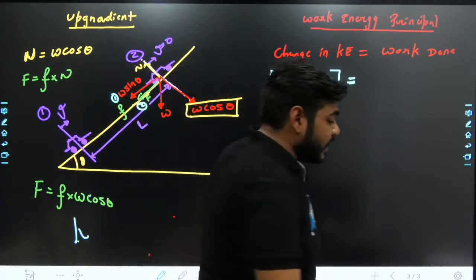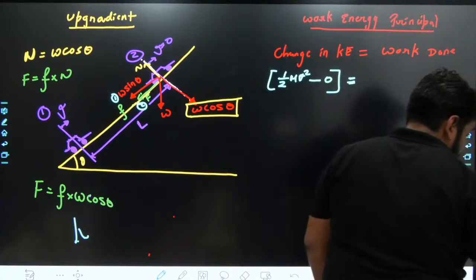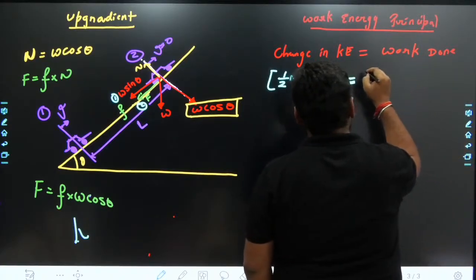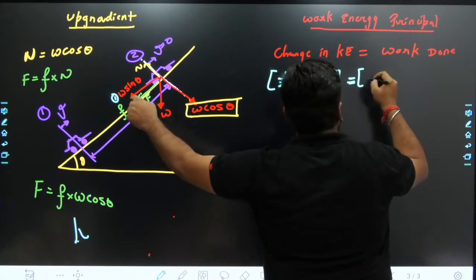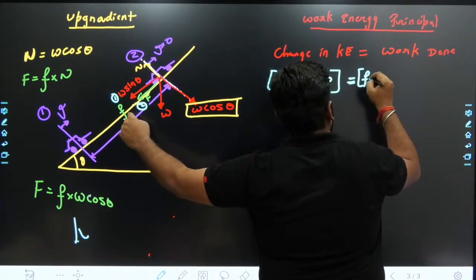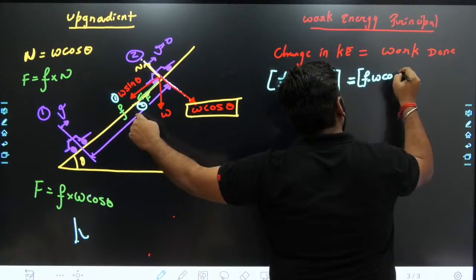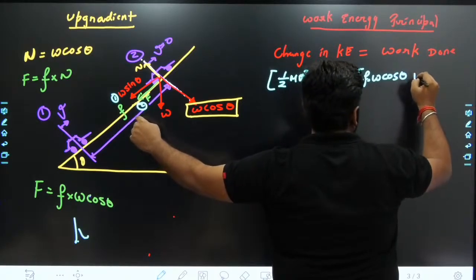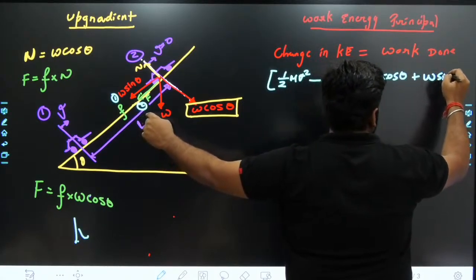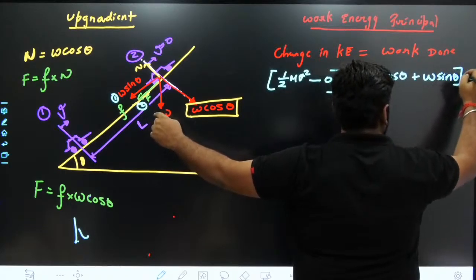We can write it in a combined form: F multiplied by W cos theta, this is your frictional force, plus W sin theta, this is the component of weight, multiplied by capital L.